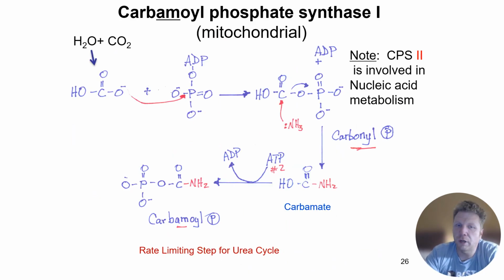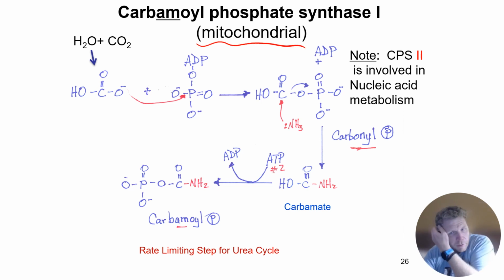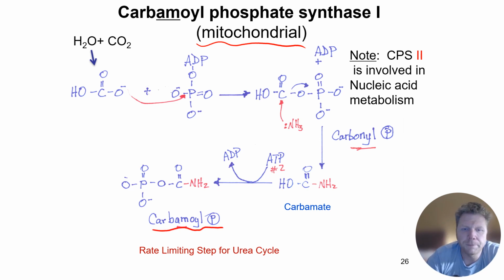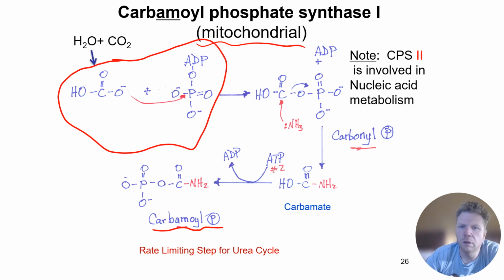Just as glutamate dehydrogenase is an important enzyme, carbamoyl phosphate synthase is an important enzyme. This is a mitochondrial enzyme. It's going to be responsible for forming our carbamoyl phosphate. This is where we take our nitrogen, our NH3, that we just transported into the mitochondria, and we take the ATP and HCO3-, and we make carbamoyl phosphate.